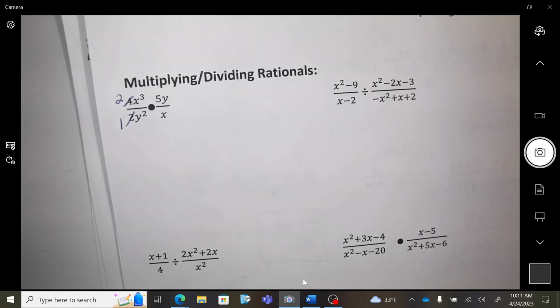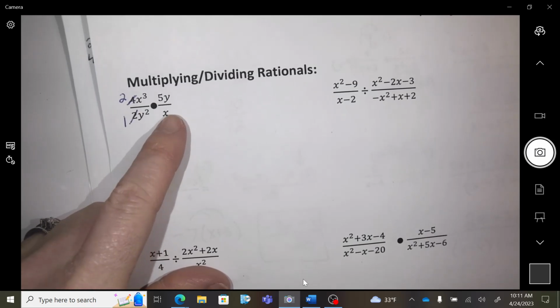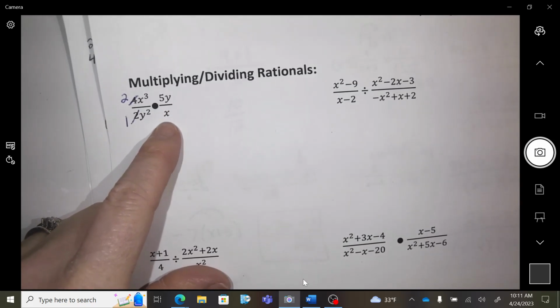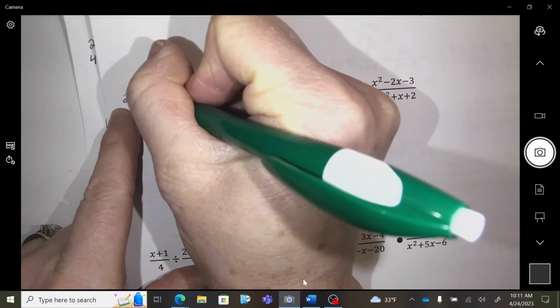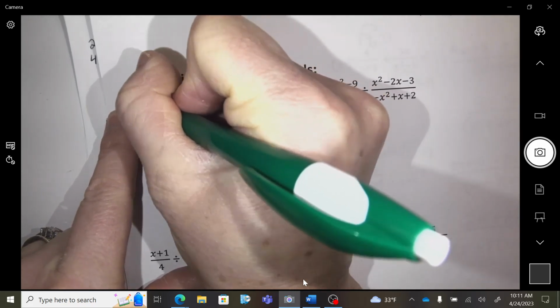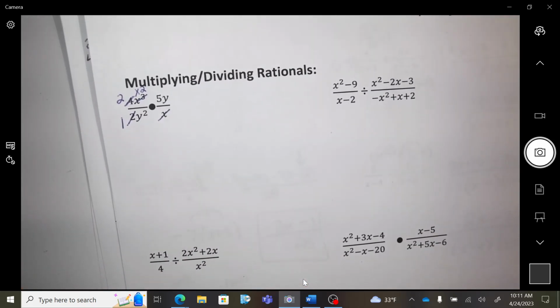Now I'm going to go to the x's. I have an x cubed here and an x here. So the most I could divide by is an x. If I divide by x, x cubed becomes x squared, and divide by x would cancel. And then I'm going to do the y's.